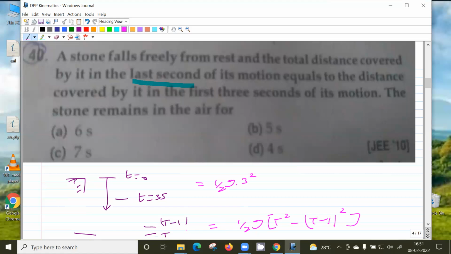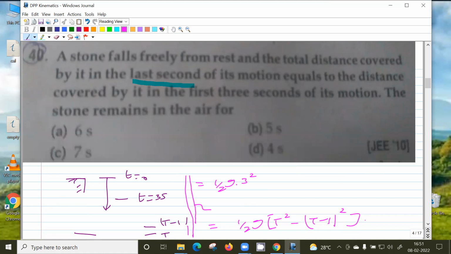Is this clear? This distance is actually this distance minus this distance. For both of them, u is 0, so only half g t square terms will come. So this distance is half g t square, and this distance is half g times t minus 1 square.